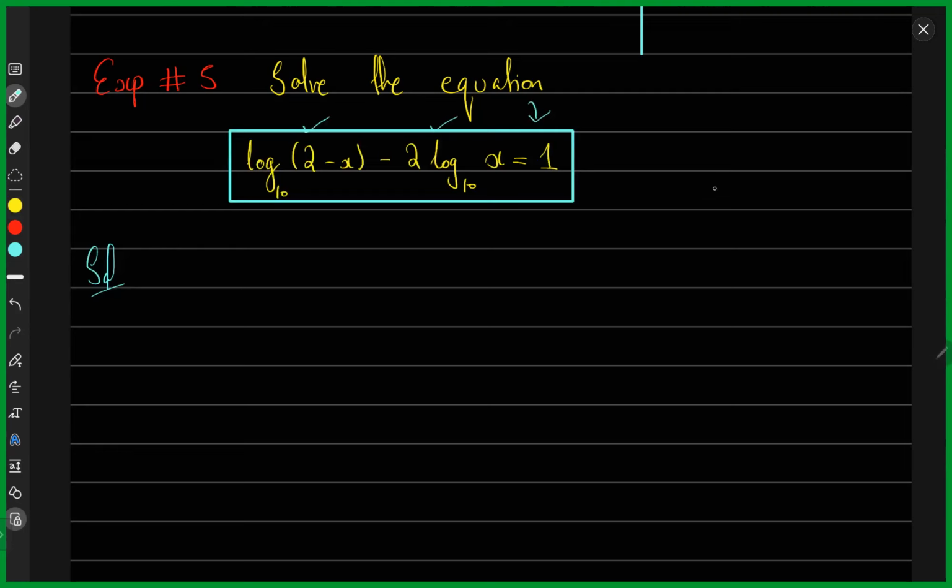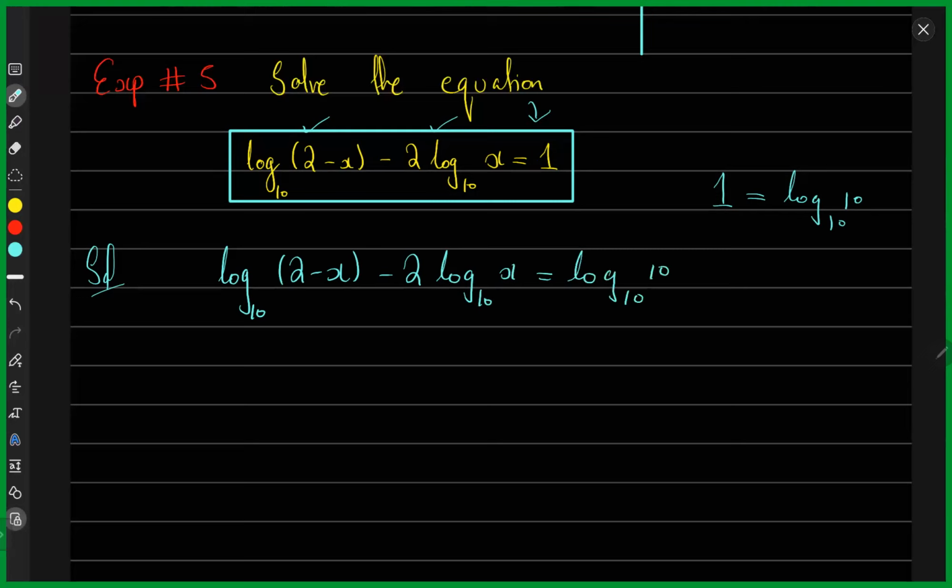We know that 1 is basically equal to log base 10 of 10. So I can write it again as log base 10 of (2 minus x) minus 2 log base 10 of x equals log base 10 of 10.